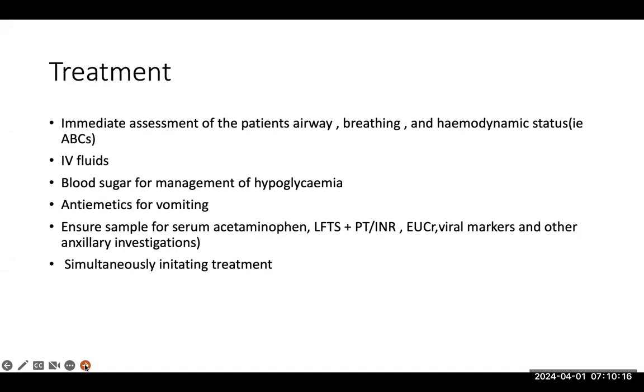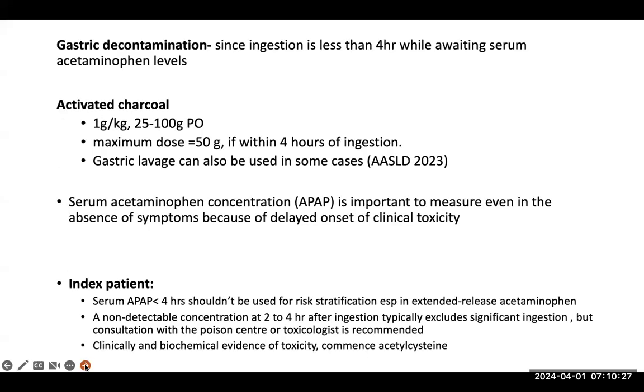I also want to do a liver function test and a PT/INR, especially for prognosis and knowing how to manage. Simultaneously, as I'm doing all of this, I would like to initiate treatment for the patient.